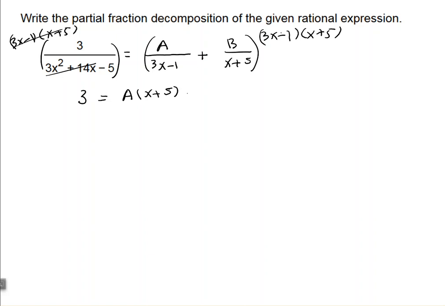When I multiply it times the second fraction, the x plus 5 would cancel. So now I have the equation 3 equals A times x plus 5 plus B times 3x minus 1. And then we go through our steps. Distributive property to clear the parentheses.